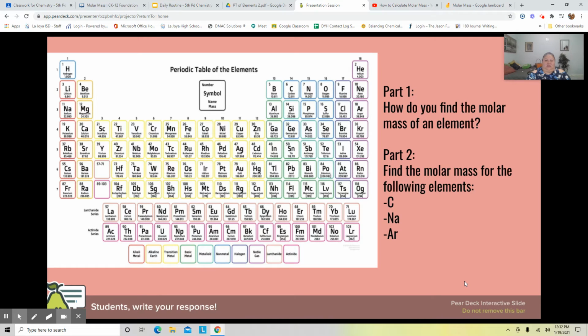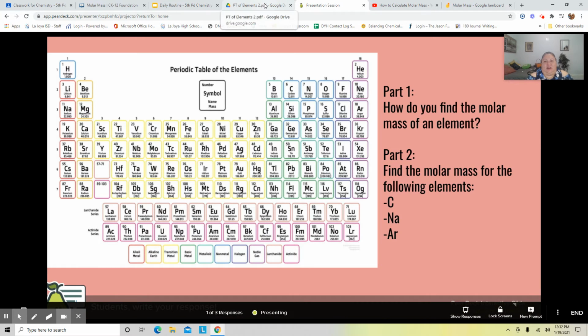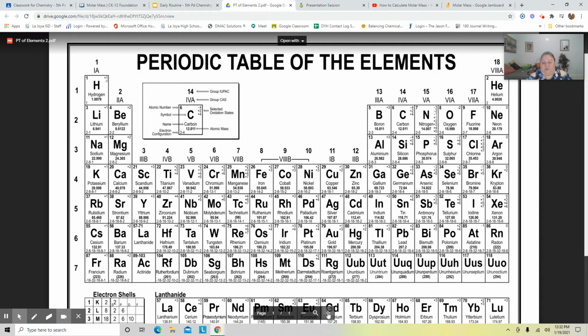Element C for carbon, which is element 6. Can you see these numbers, guys? Because I have a periodic table that's bigger. I know it's kind of hard to see because those numbers are not super clear. Okay, so right here, let me go to this periodic table.